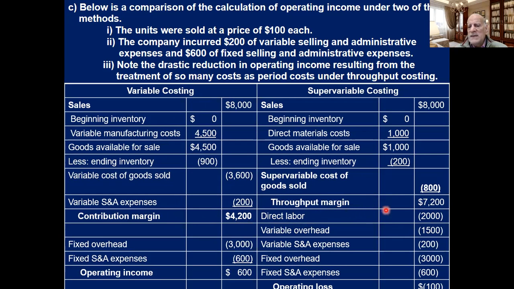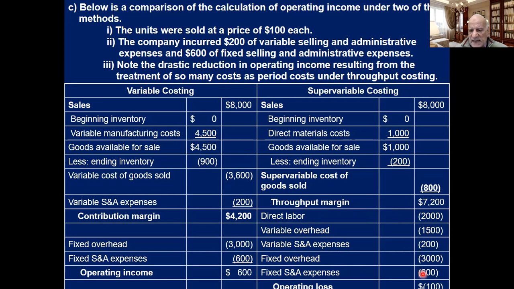Then we will subtract from this throughput margin all the other costs and expenses which were not considered super variable. Direct labor is not a super variable item. Variable overhead also, variable selling and administrative expenses, fixed overhead, fixed selling and administrative expenses.